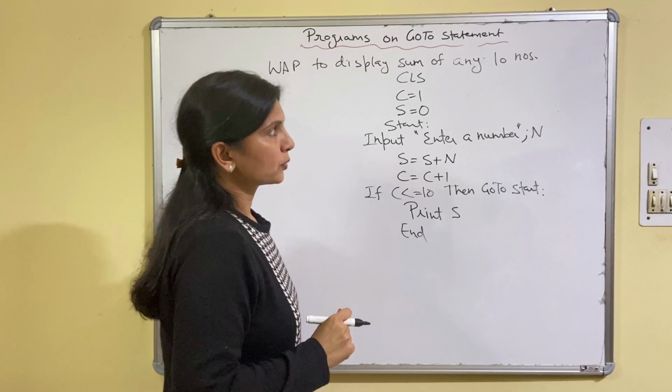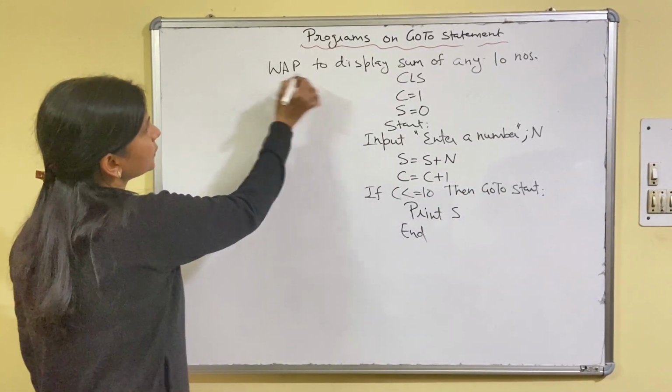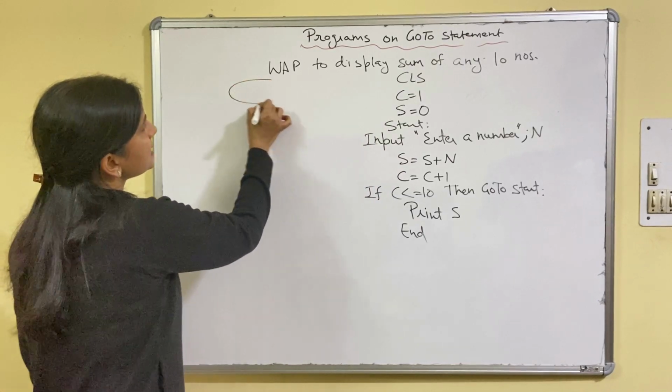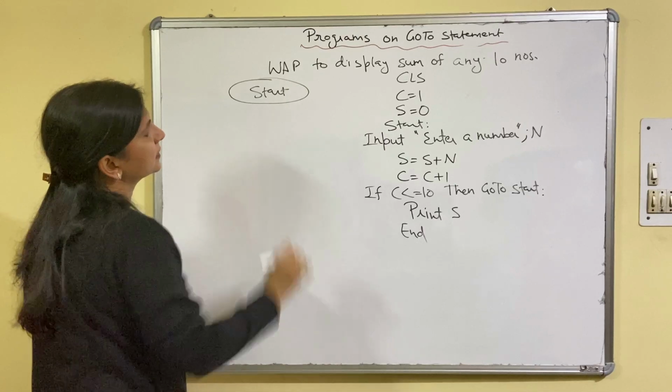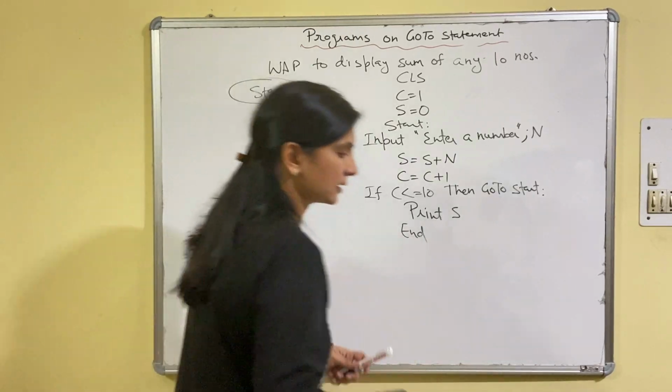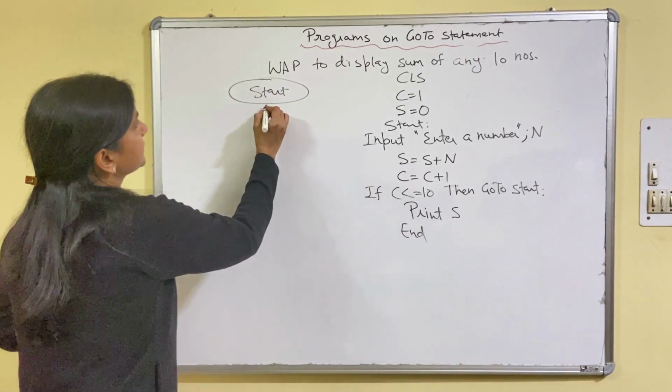So for this program, I'll show you the flowchart also. Let's make the flowchart of this program. So first is start. Fine. I'm changing the marker. Start.